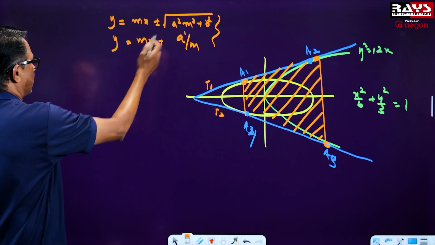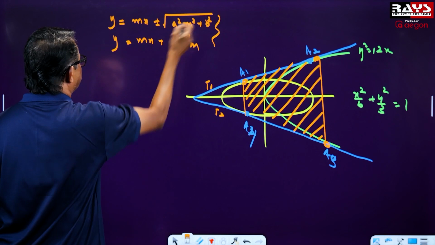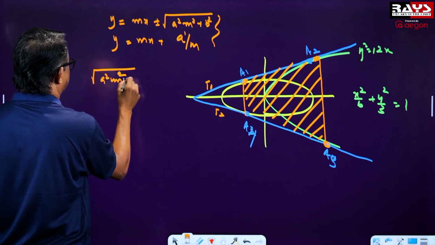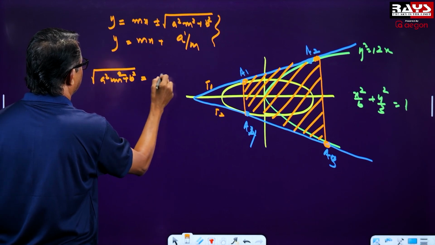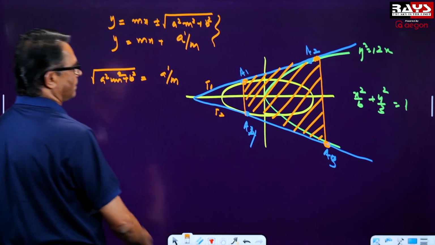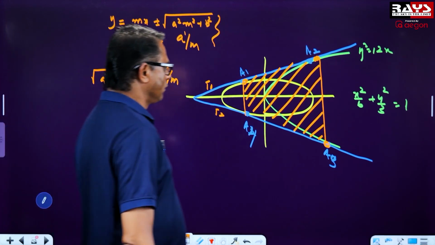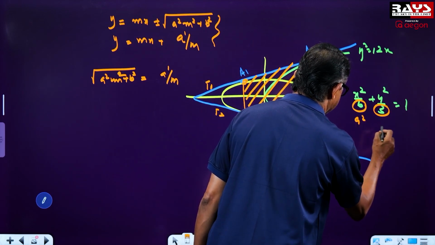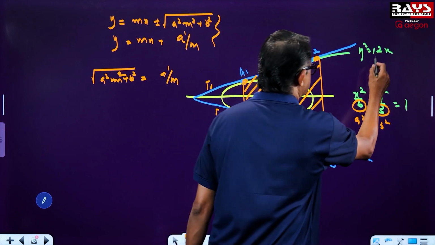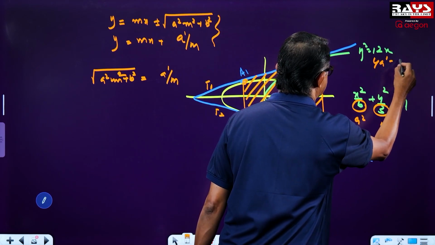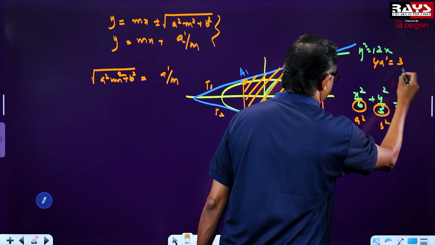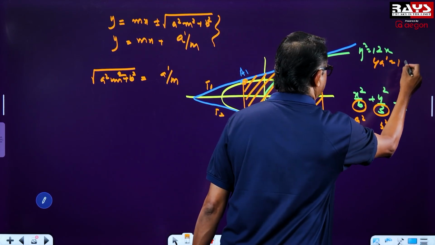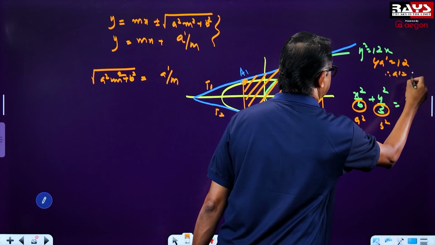Now in that case, what happens? The constants will be equal, that is root of a square m square plus b square will be equal to a dash by m. Now over here a square equal to 6, this is a square, this is b square. And for the parabola, 4a dash is equal to 12, and therefore a dash is equal to 3.